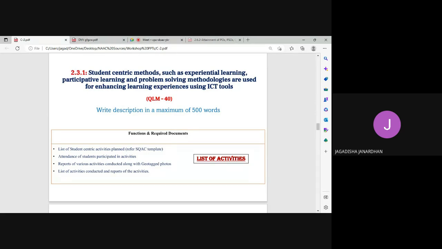If it is a teacher's initiative, then we should mention it in criterion 2. If, on the basis of teachers' interest, faculty members take the initiative to take students outside and give them a practical experience of the curriculum, then it is called experiential learning.